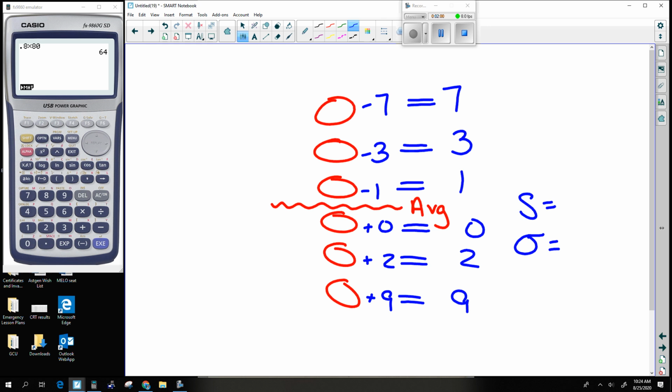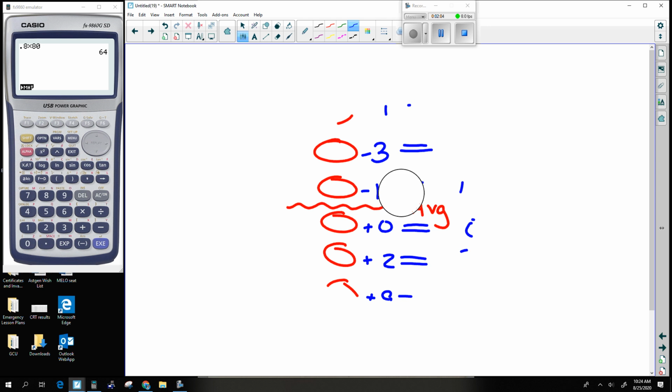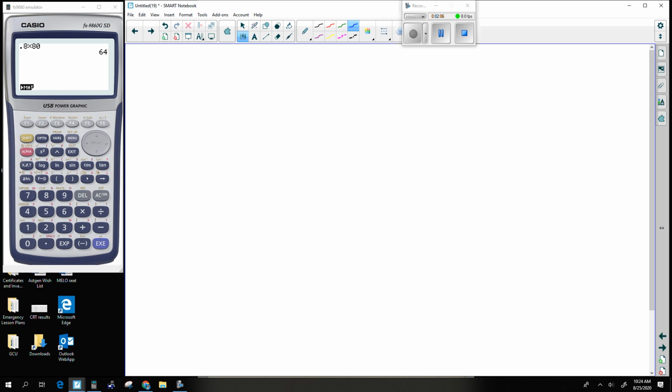What a standard deviation generally tells you is how far a list is spread apart from each other.